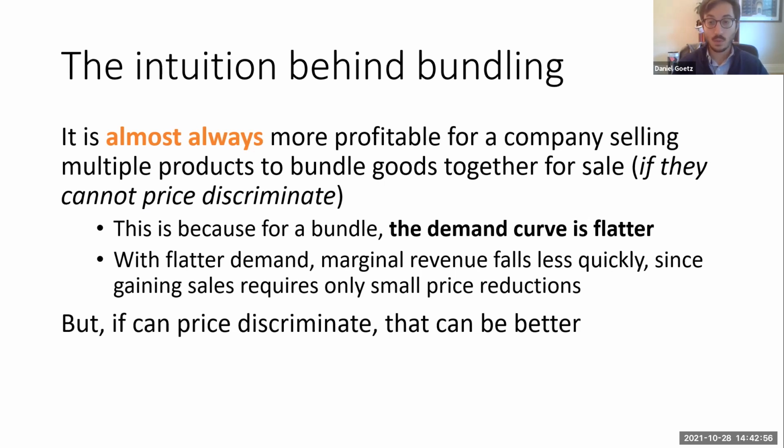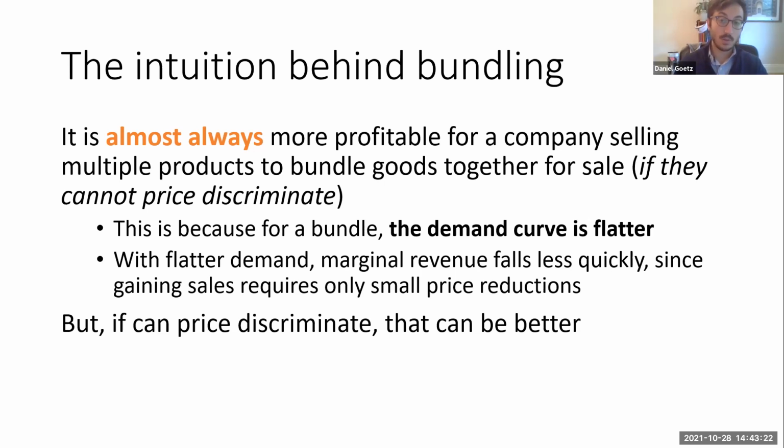Why? Because for a bundle, the demand curve is almost always flatter. Why does that matter? When you have flat demand, then as you lower the price, you get a lot more sales, right? With a very flat demand curve, I lower the price a little bit and I go very far to the right. So I increase quantity by a lot, right? So gaining sales requires only small price reductions.